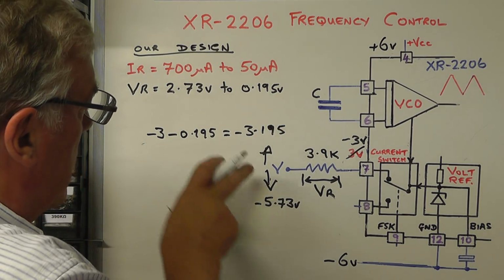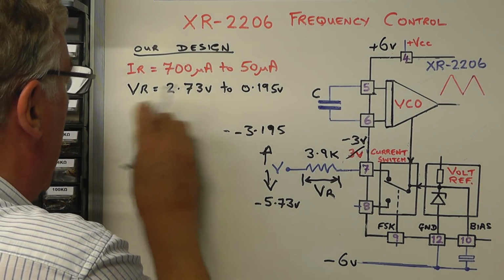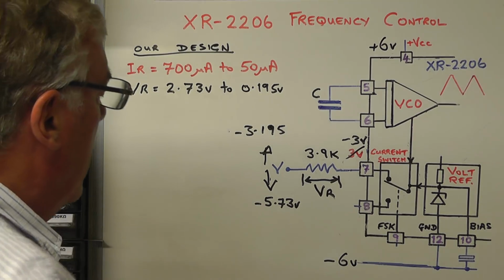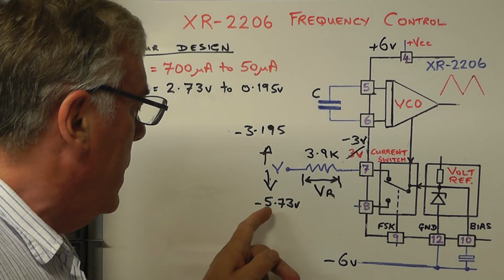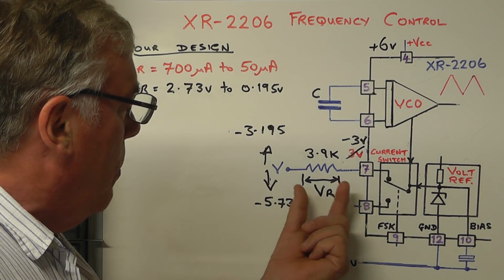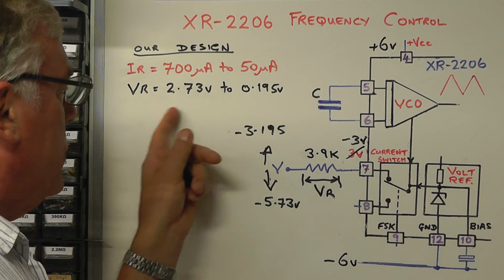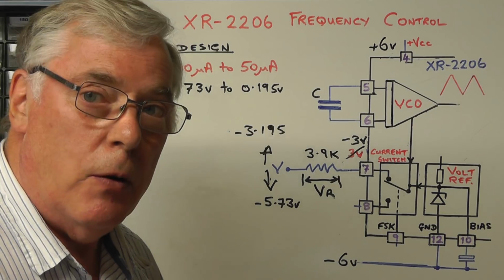So that means the other swing is then that negative voltage, so we now have a voltage swing going from minus 3.195 to a minus 5.73, and that will maintain that voltage drop across the resistor, which will give us the required current flow.